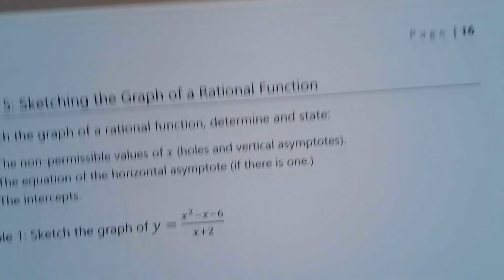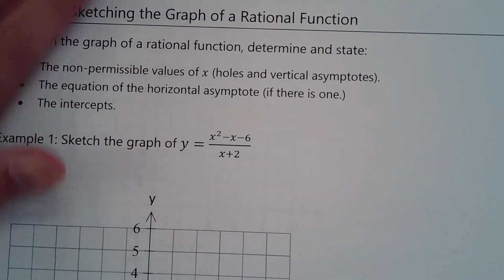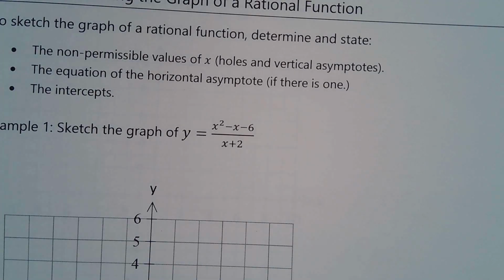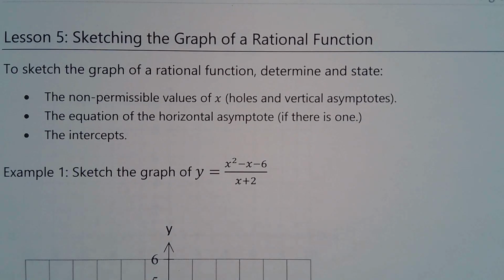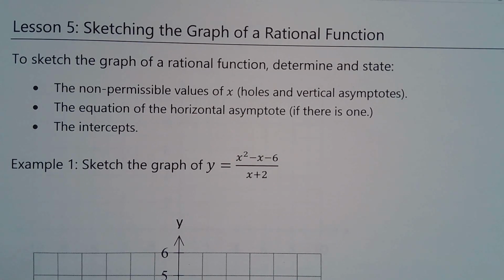Let's see if we can graph today. Okay. So just to let you know, when we're graphing, I'm not going to finish lesson 5. It's not possible to finish lesson 5 today, but we will talk about the first example. Okay?